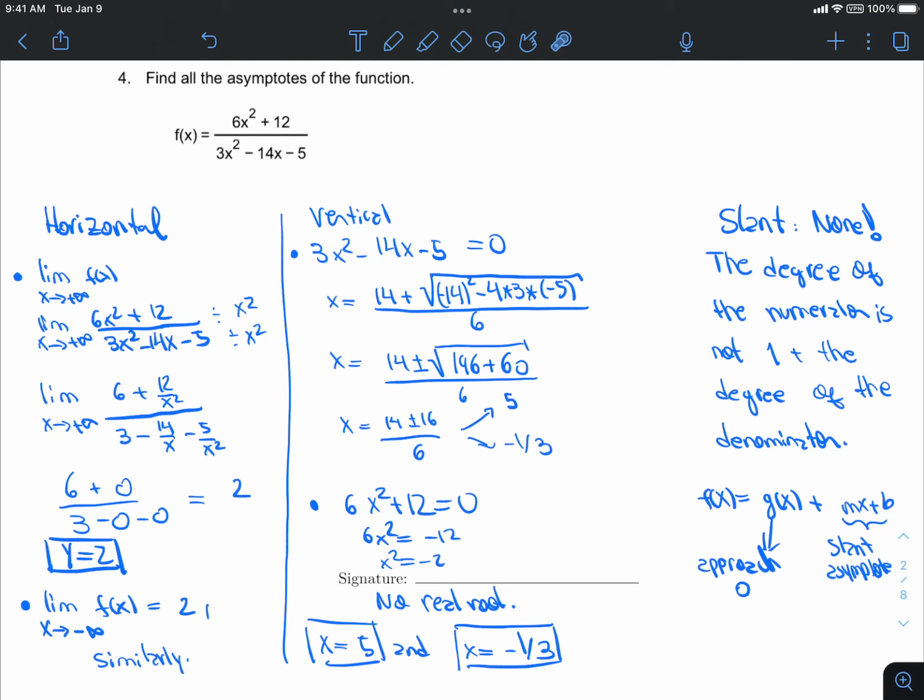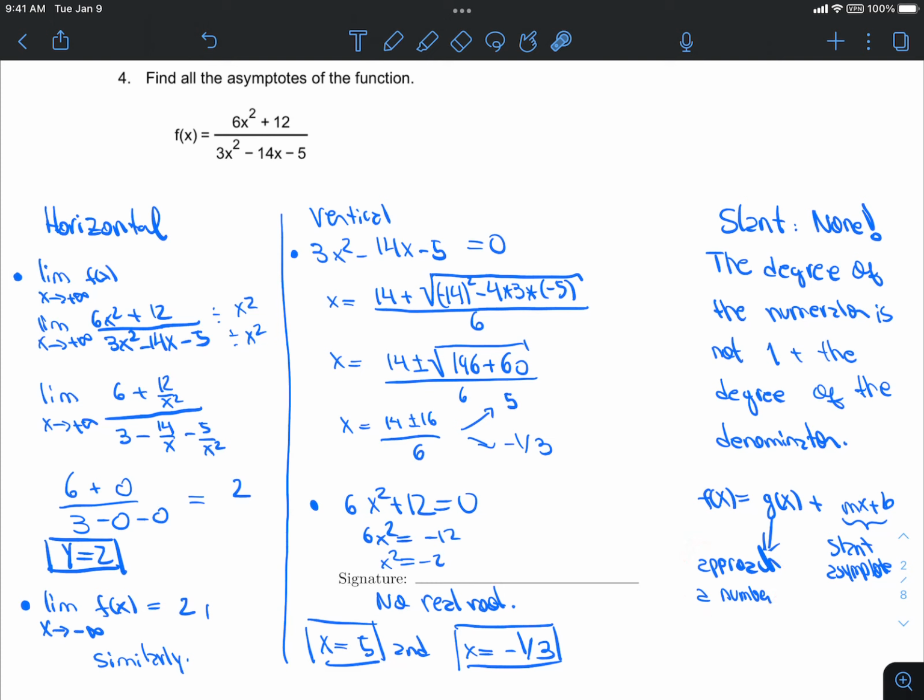And the only way for that to happen is for you to get one extra degree from this. So for this to go to 0, you need the degree of the top, or it doesn't have to approach 0 actually, but to approach a number, could be 0. But it could be like 1, 2, or 3 as well.